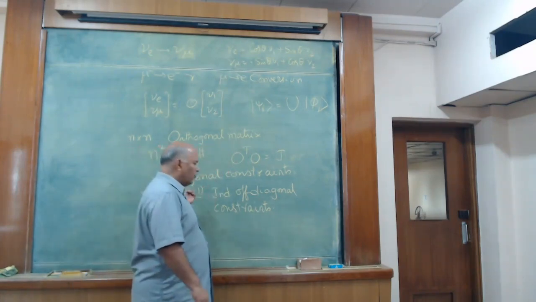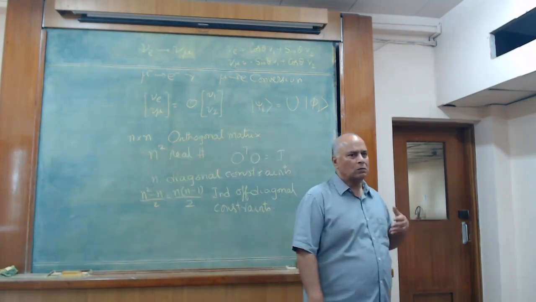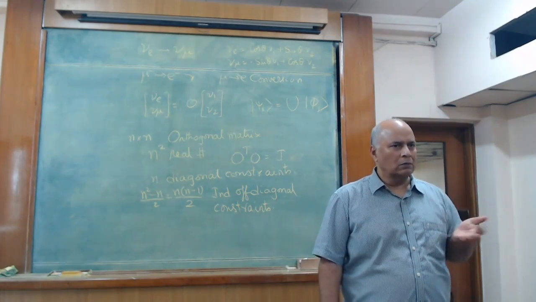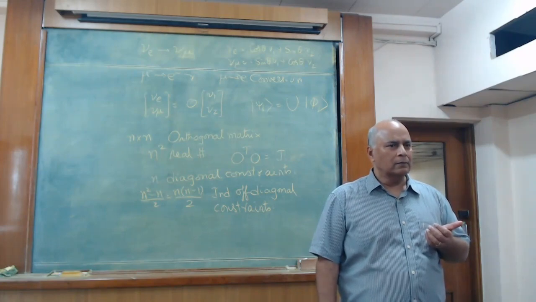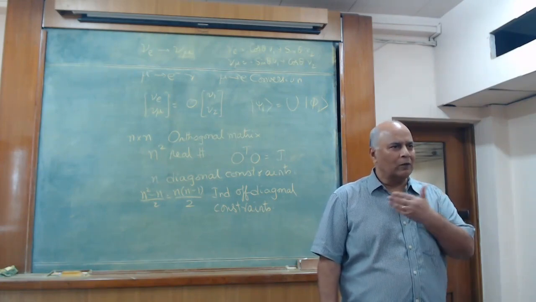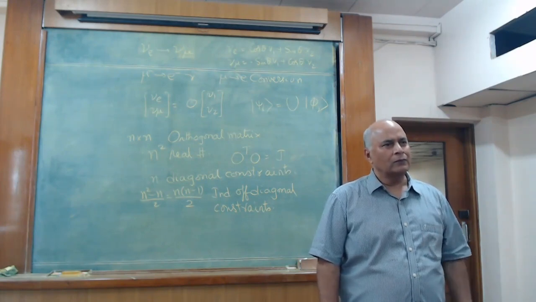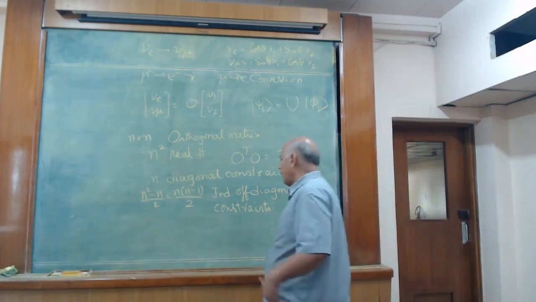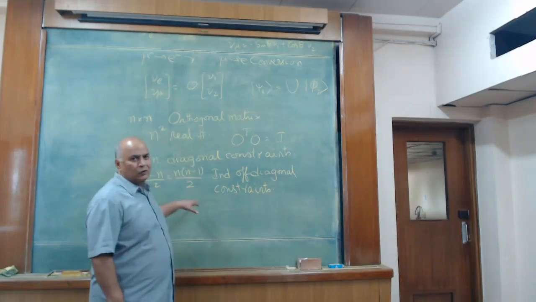There is another name for n into n minus 1 by 2. You come across it in combinatorics. In combinatorics, what is n into n minus 1 by 2? nC2. And I can make another argument as to why this should be nC2.